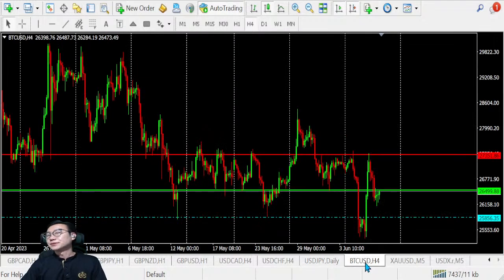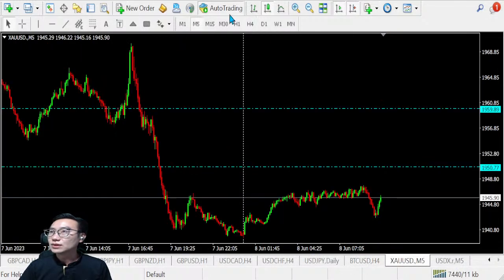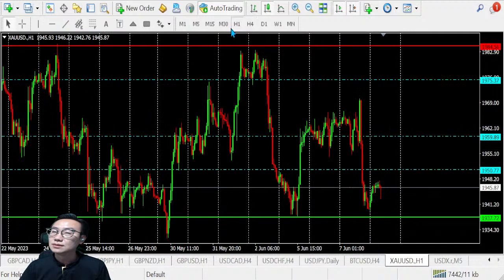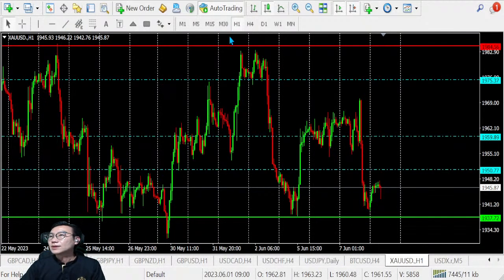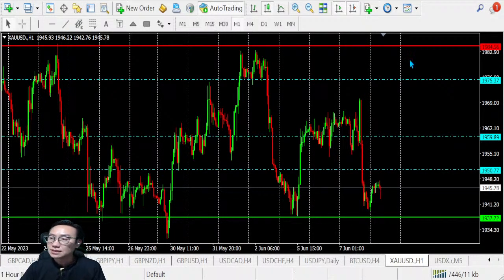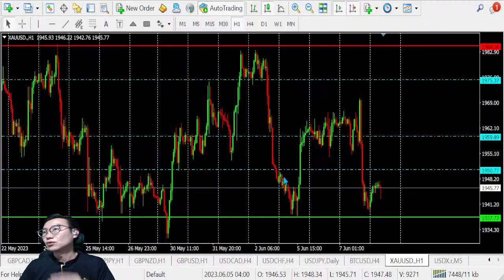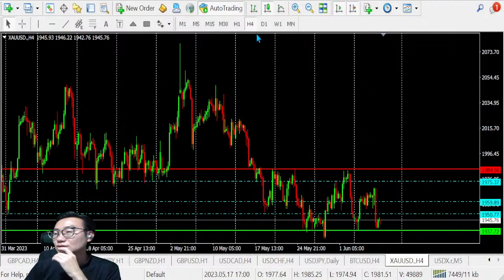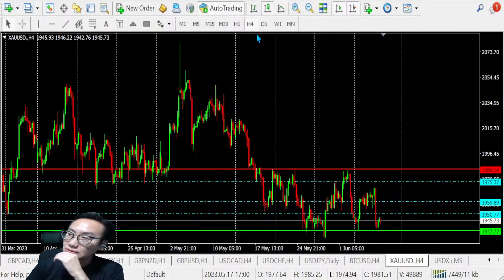Bitcoin over here, Bitcoin coming back into 26.5. How about the gold? Sorry, for the gold, I think we have tested onto the support. 1950 has been taken out.